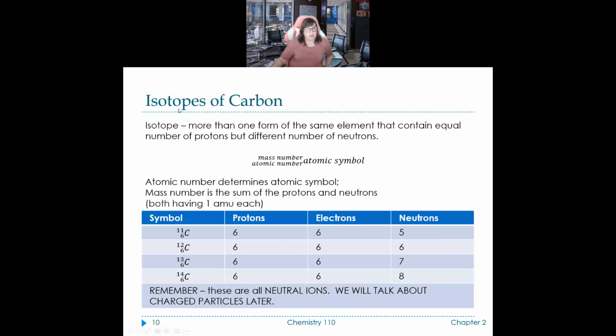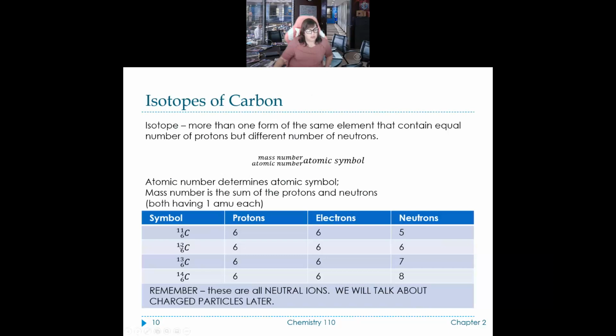Then we can talk about isotopes. What the heck is an isotope? We just talked about one of them, and that was carbon-12. But the thing that matters with isotopes: we know the number of protons is given by knowing the symbol. The symbol and the number of protons go together. If I know the number of protons in a neutral atom, I know the number of electrons.